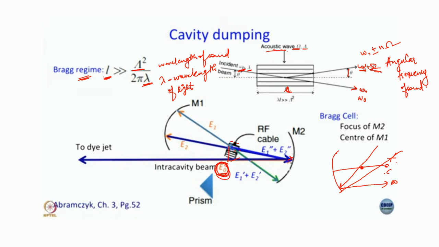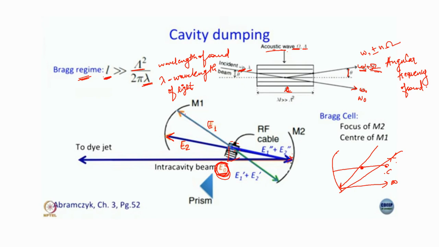So this has a changed value. Now, when it is incident here and passes through the focus, some part gets deflected and some part goes straight. The part that goes straight is denoted by E2 and the part that is deflected is denoted by E1.